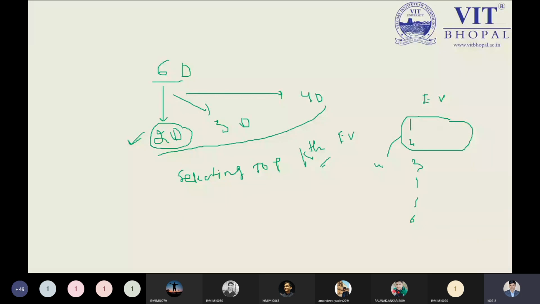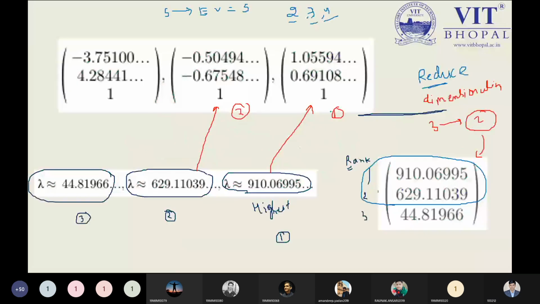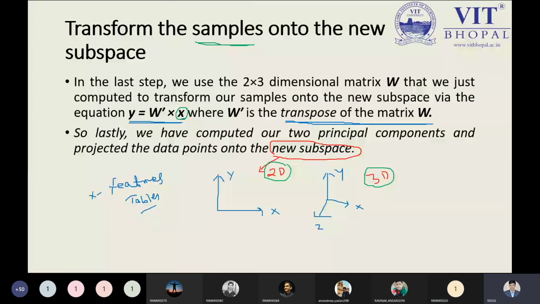So the W matrix will be formed by the eigenvectors respectively followed by these top 2 eigenvalues, as we have seen over here. So ultimately, what we are doing is transforming one dimension to another dimension, and that is PCA, principal component analysis. So this is just an idea about principal component analysis along with its numerical. I hope it is clear to all.